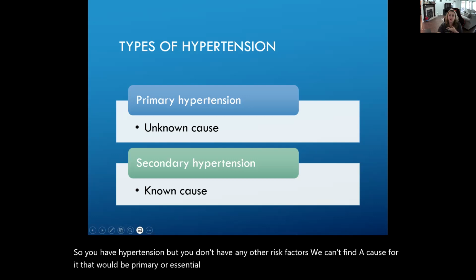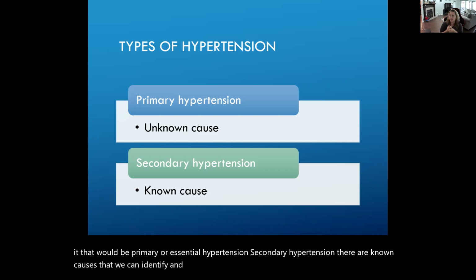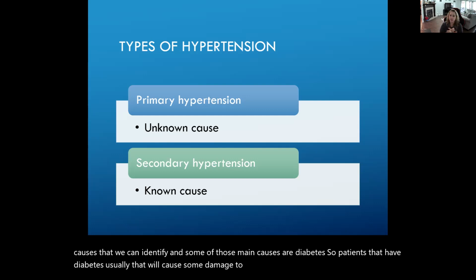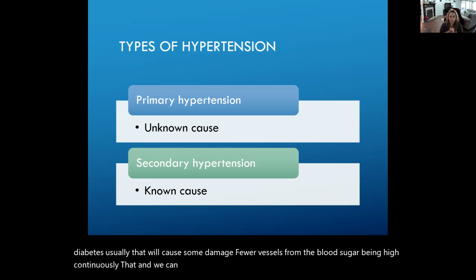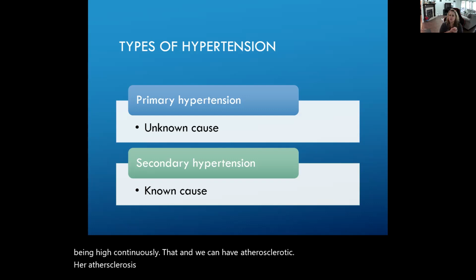Secondary hypertension has known causes that we can identify, and some of the main causes are diabetes. Patients with diabetes usually have some damage to their vessels from the blood sugar being high continuously. And we can have atherosclerosis, which is a buildup of plaque or fat in your arteries.